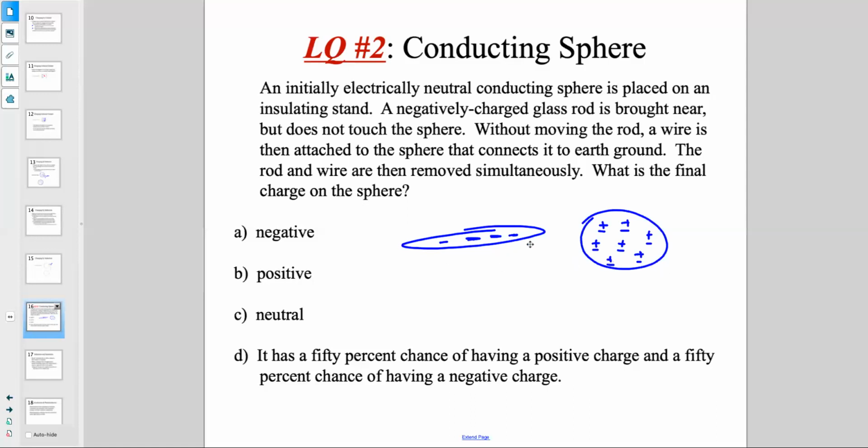Once you bring this close and connect the sphere to the ground, all of these electrons will go to the ground, so you are left with a positively charged sphere at the end. So this will be positive.